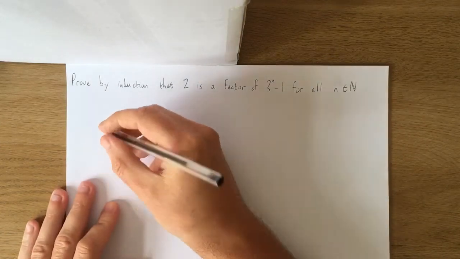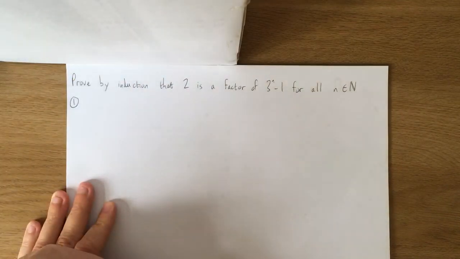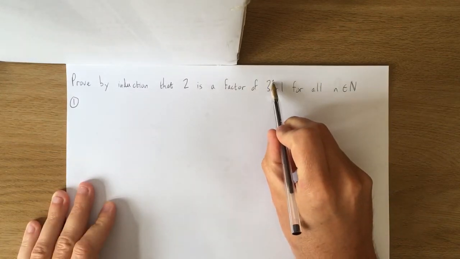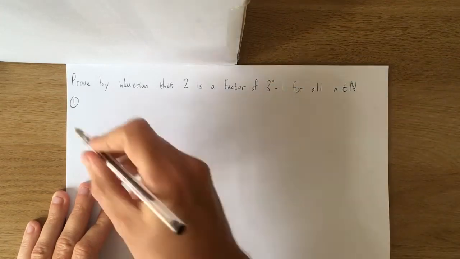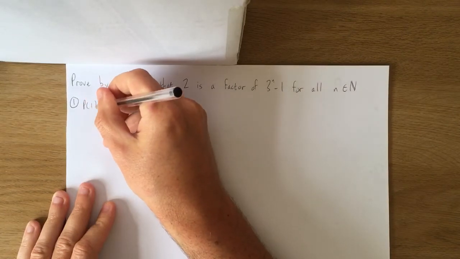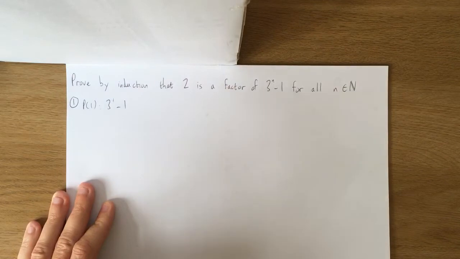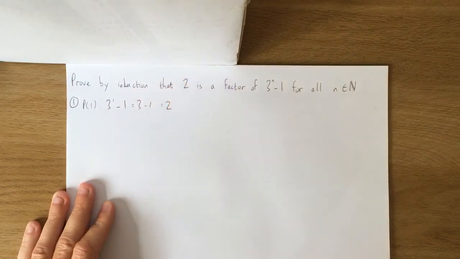So let's do our first step, our P1. We're trying to show P1 is true. So we're going to sub 1 in here, and hopefully we get something divisible by 2. So let's just do P1. 3 to the power of 1 minus 1 is just 3 minus 1, which is 2.